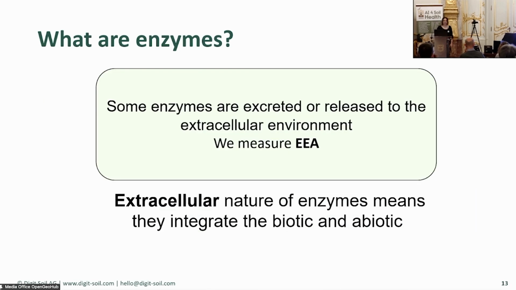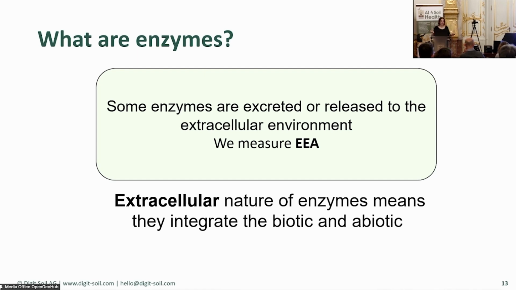And another thing that is very important to know is that we measure extracellular enzymatic activity. You can have enzymes in cells, and you can have enzymes outside of cells. Most organisms, roots also, but also microorganisms, excrete proteins to the outside.